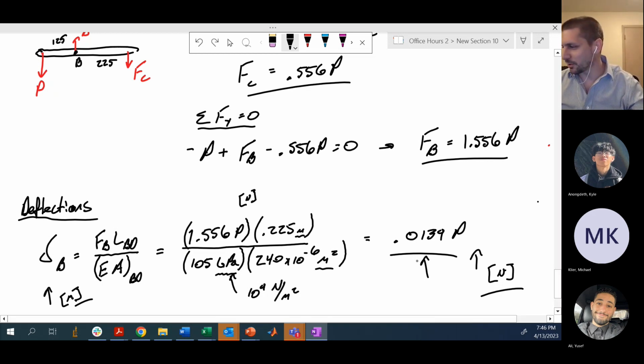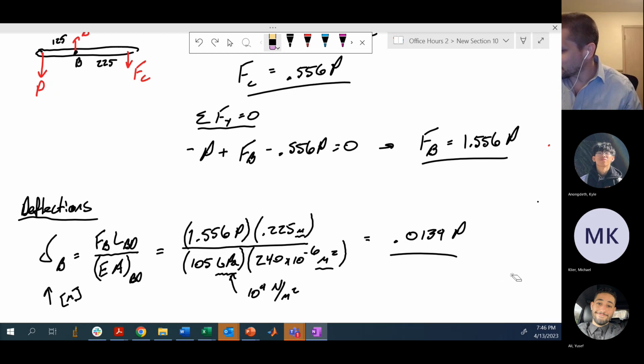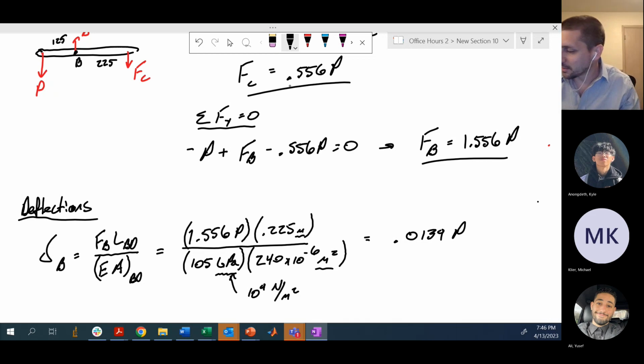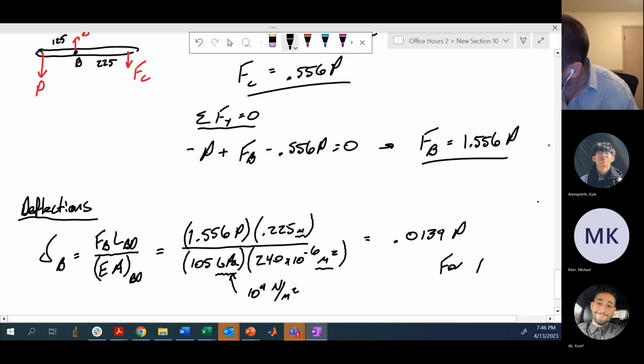So what I've done here is assume that P is in kilonewtons. That gets rid of a factor of 10. And I've also assumed that the deflection that we're going to calculate will be resultant in millimeters, not in meters. So that is also getting rid of a factor of 1,000. So I've written this for P in kilonewtons and displacement in millimeters.